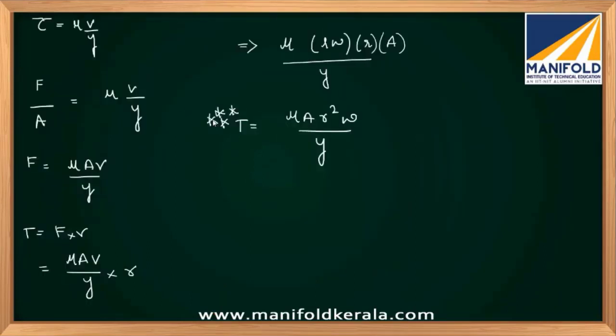It is tau equal to mu a r square omega by y, where mu stands for dynamic viscosity of the fluid, a is area of shaft. See, this area should be taken into consideration always. Whenever the shaft is in the vertical direction, the area will be pi dl, not pi by 4 d square. If you take pi by 4 d square, you will end up with a wrong answer.